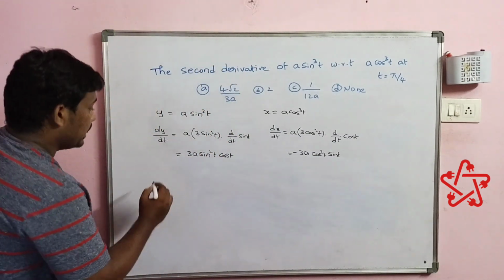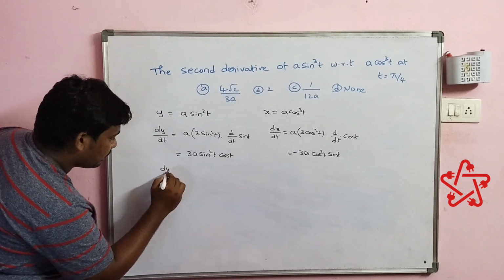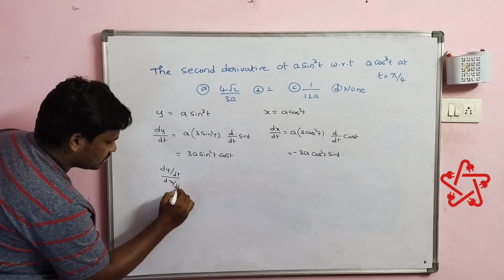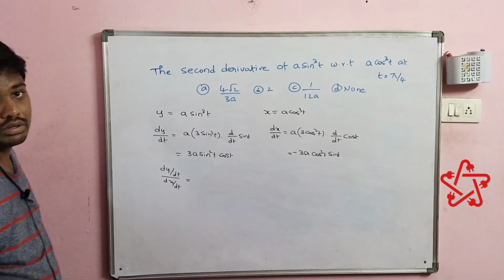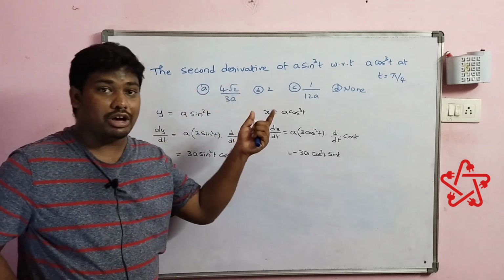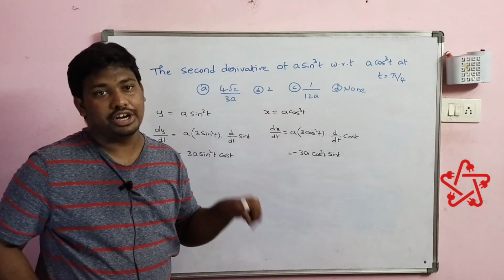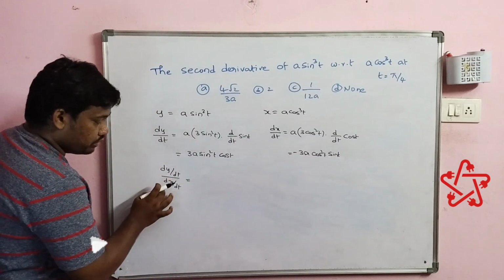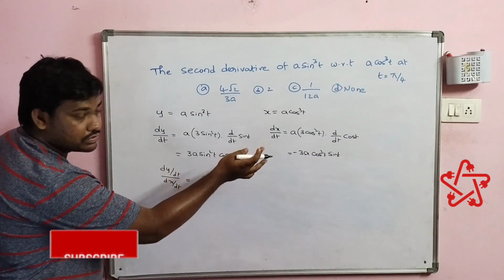Now simply dy by dt divided by dx by dt. This is what we need now, right? I mean, d square y by dx square is the thing we need now actually. So we need to divide this with this.